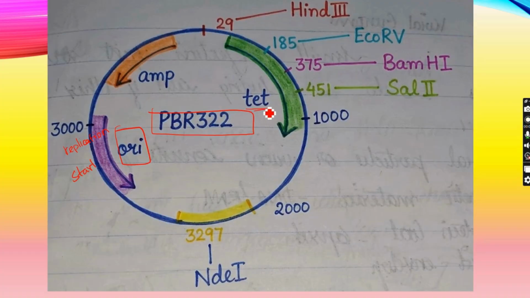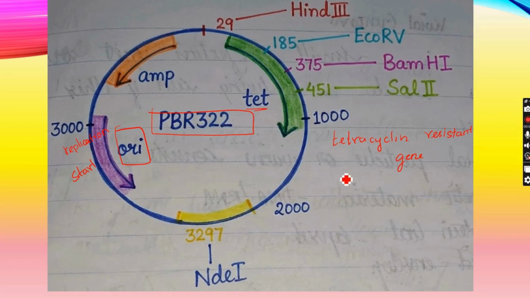Next, there is tet, which means tetracycline. Tetracycline is an antibiotic. So the tetracycline resistance gene is the tet gene. In pBR322, the tetracycline resistance gene is present.